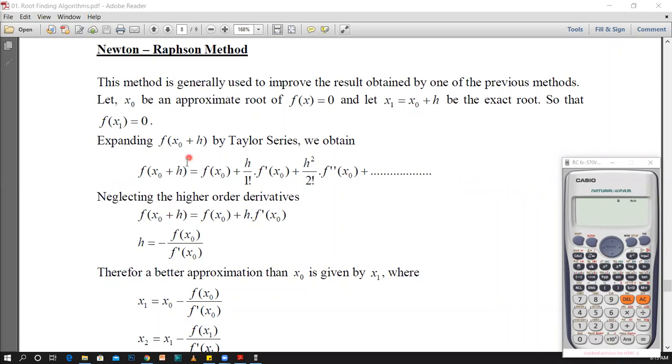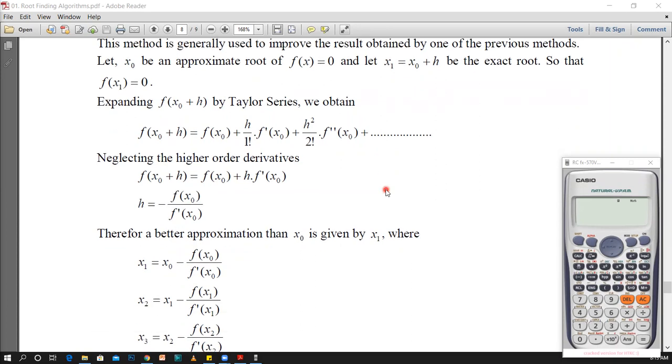This is the expansion of a function using the Taylor series, and for this method, we are neglecting all the higher order derivatives. It means that we are not going to pay attention to any higher order derivative. Up to the first order derivative, we will consider the terms.